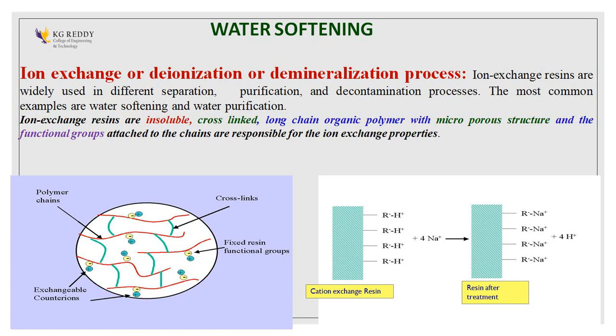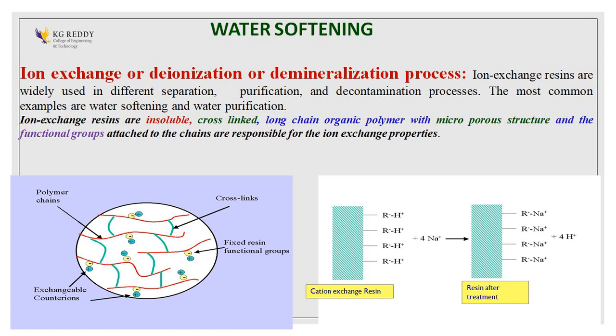The ion exchange resins are insoluble, right? Whether you take cationic exchange resin or anionic exchange resin, these are all cross-linked, long chain organic polymers with microporous structures, and having a functional group attached to the chains, which is responsible for the ion exchange properties.